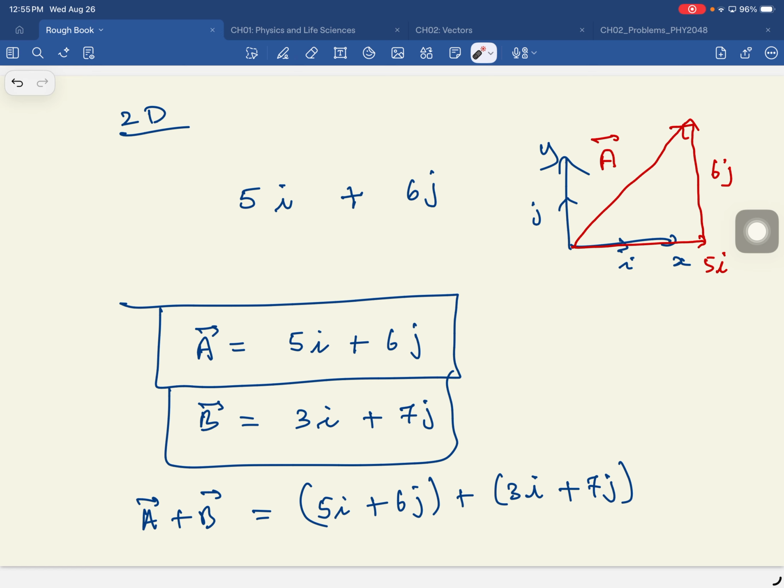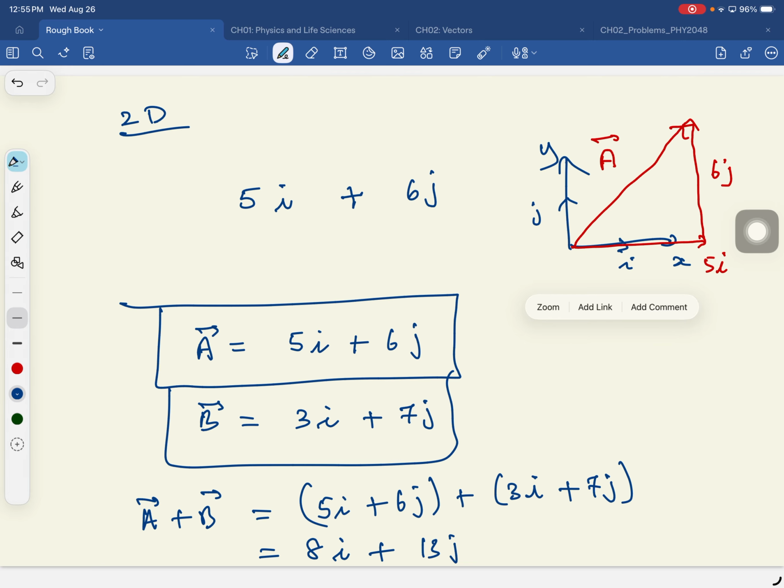So you can add similar terms. This would be 8i, plus, since these two vectors are in the same direction, you can just add their magnitudes, so 13j. Now this is the way to add vectors. Very simple. Do you guys understand?